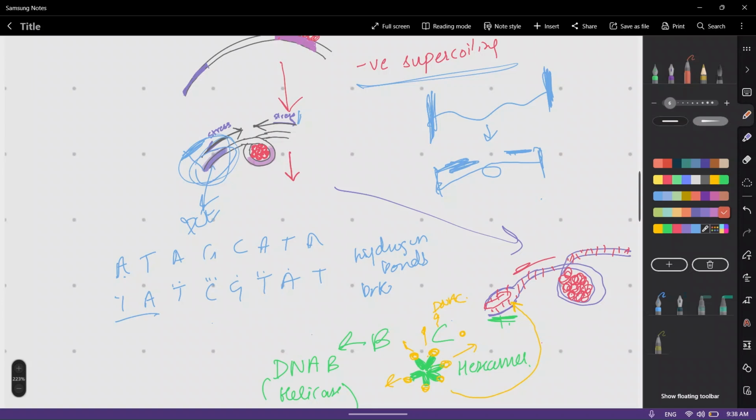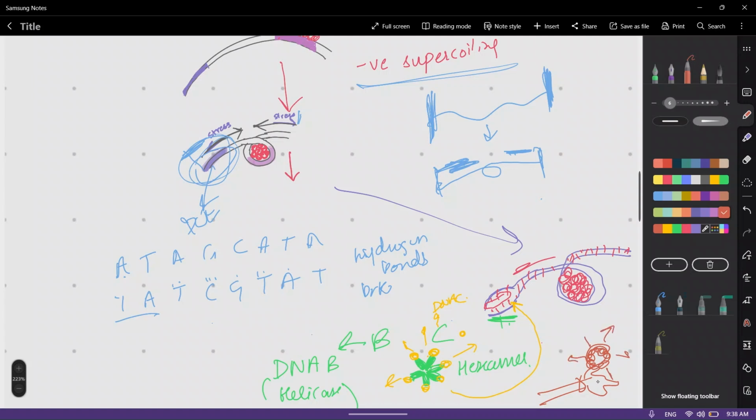Again, we have an analogy for this also. Imagine the DnaB is like those bead bracelets that kids wear, the friendship bands. When you want to get this bracelet over your hand, that's a very ugly hand, but yes, you basically stretch it, right?